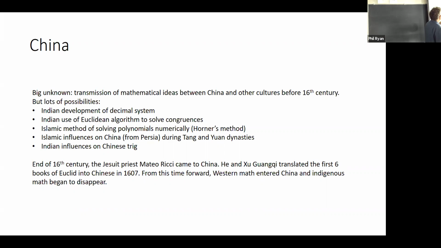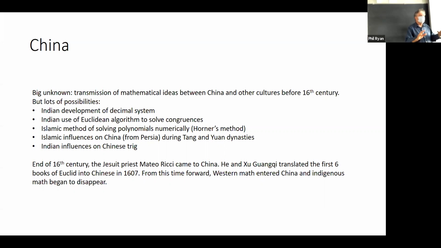So we've seen how India was where the decimal system that we use today started. But there are hints that maybe there was some Chinese influence in that as well. We've seen the use of the Euclidean algorithm to solve congruences, and that might have come from China as well. They don't really know.